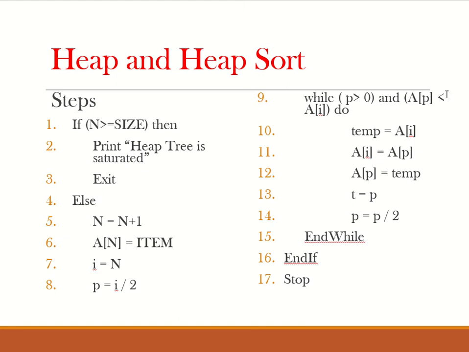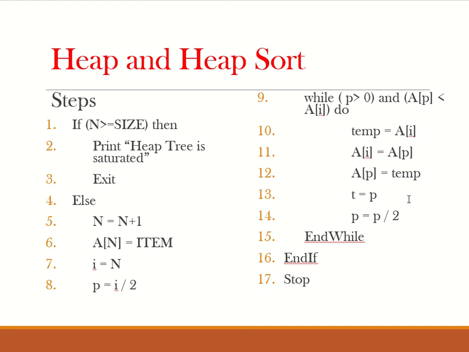So if a of p is less than a of i, you just swap between a of i and a of p. The element at a of p takes the position of a of i, and a of i is swapped with a of p, and that is done. Now you get the newly created index, and that index is marked as t.